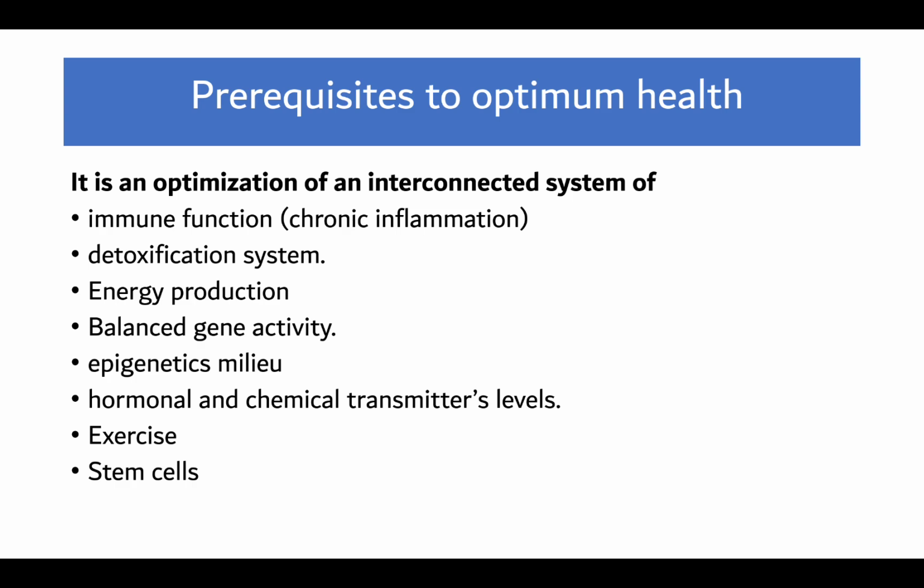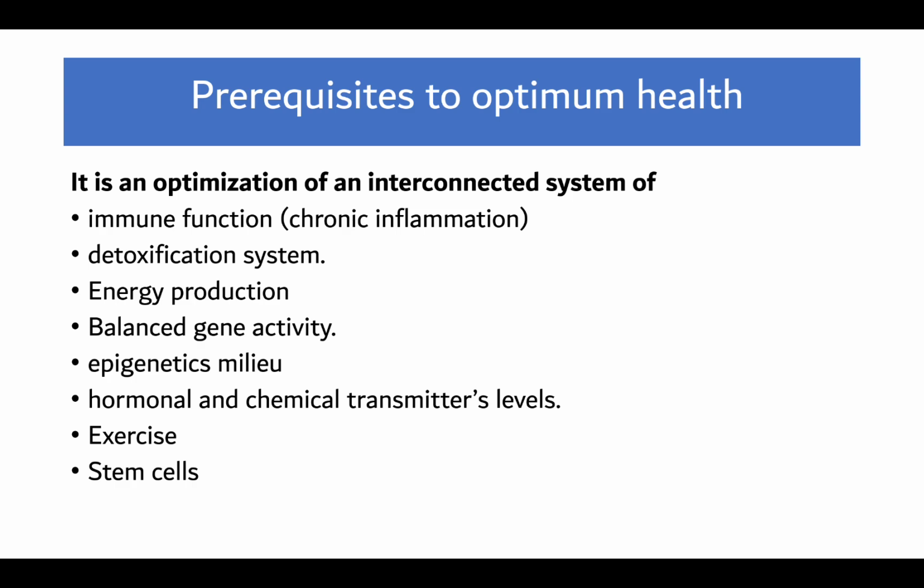The immune system, we need to know if the person has chronic inflammation or not, and how to fight chronic inflammation. By the way, during this presentation, I'm going to give solutions. I'm not going only to give you scientific information, but I'm going to give you solutions with each step of these steps.